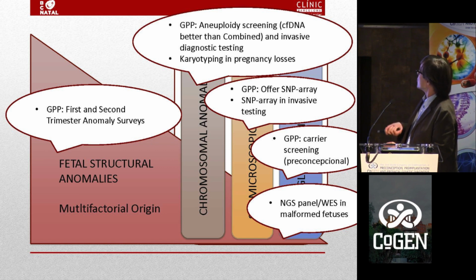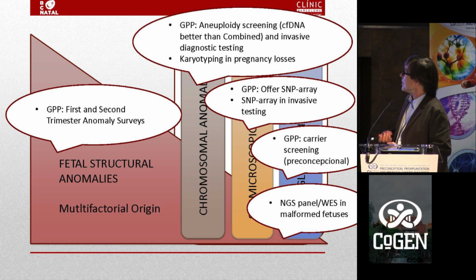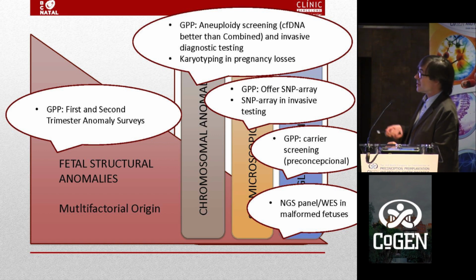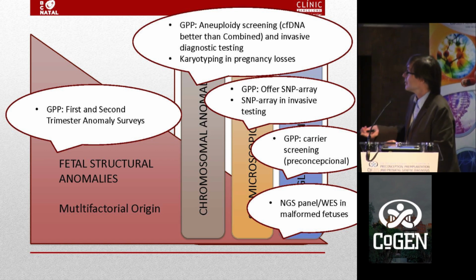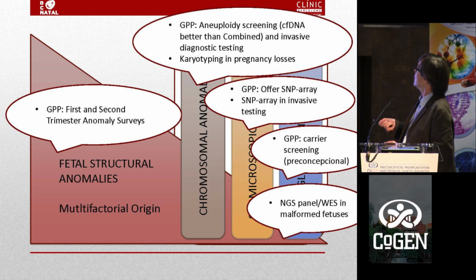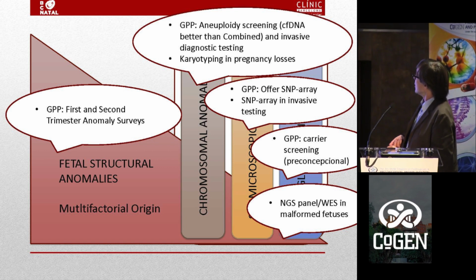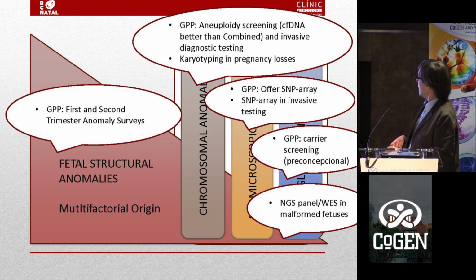About submicroscopic changes, I think that the 1.2% risk in the general population means that we should offer this in invasive procedures nowadays, cell-free DNA method in some years in the future to diagnose submicroscopic anomalies, and also carrier screening, preferentially preconceptional, and NGS panel and WES in malformed fetuses.